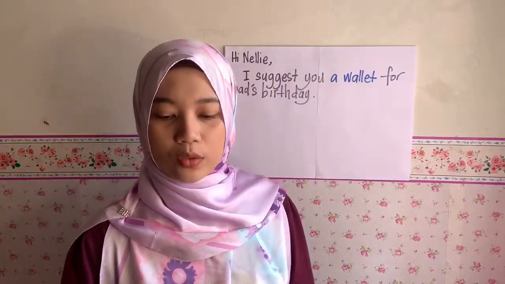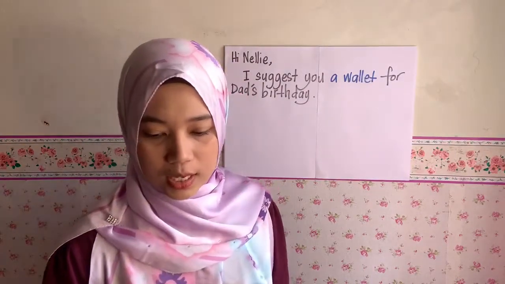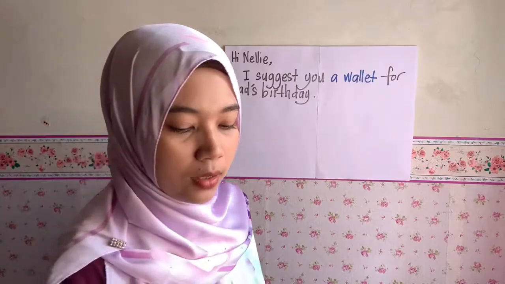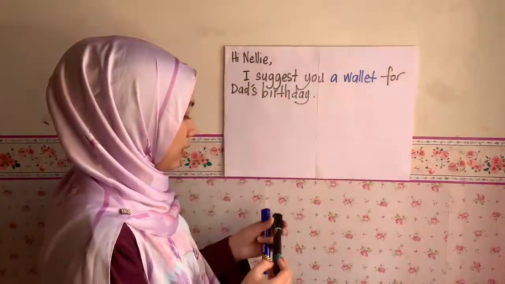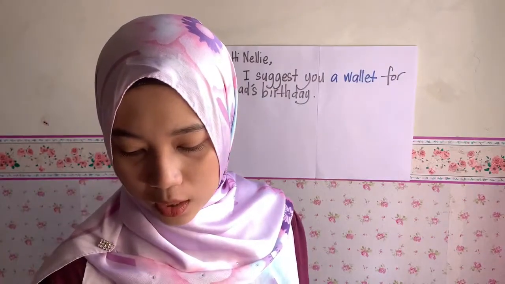Now we are going to go to C, contents. So for contents, you need to give the reasons. We have discussed the reasons. So you can talk about the chocolate just now. So what can you say about the chocolate?